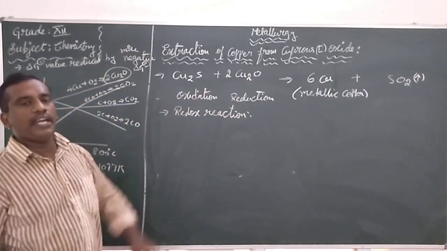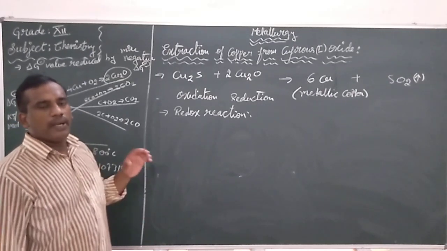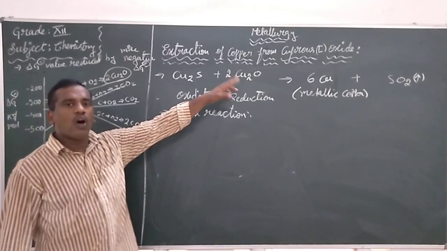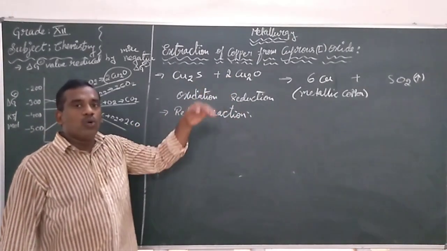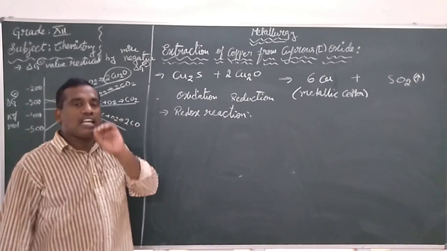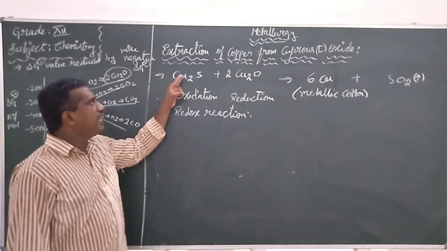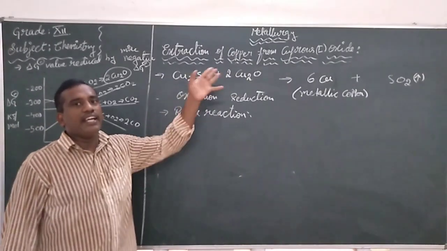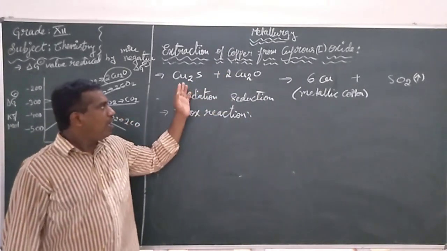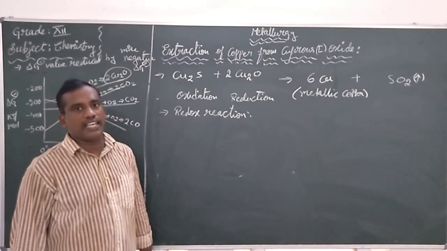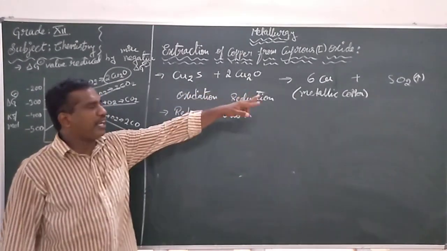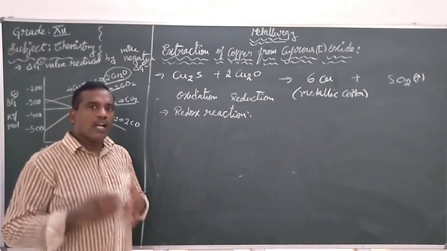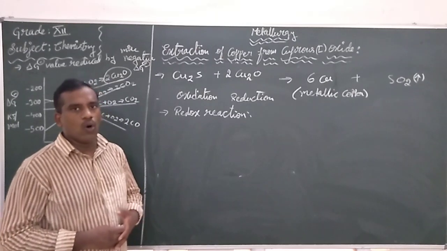So we have obtained metallic copper by the reduction of copper oxide, using the same reactant left behind unreacted, Cu2S, which is acting as a reducing agent here and itself is undergoing oxidation, because sulfur is going to gain the oxygen. So this is the process of obtaining copper from the copper ore.